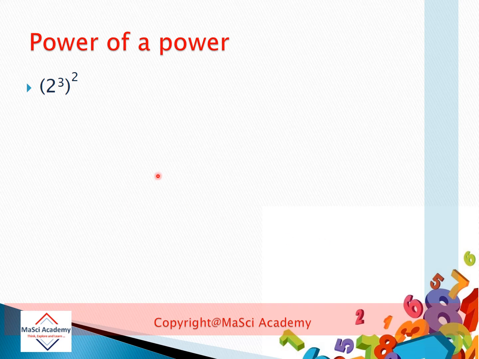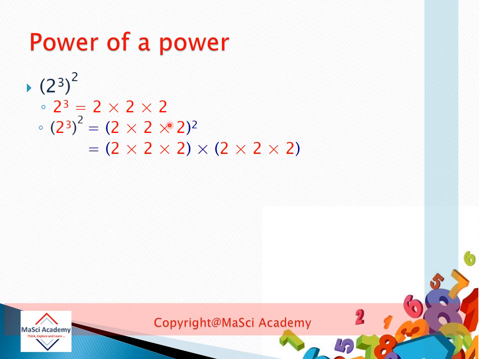Now power of a power. If we have 2 cube whole to the power 2, how do we evaluate this? First we expand 2 cube and see what it means. It is 2 multiplied by itself 3 times, and the square of this number would mean 2 multiplied by itself 6 times. So the answer becomes 2 to the power 6. Again, if we observe, the powers have been multiplied together to get the result. 2 cube whole square becomes 2 to the power 3 multiplied by 2, which is 2 to the power 6.